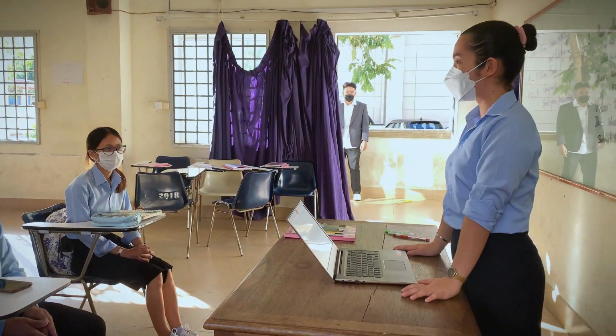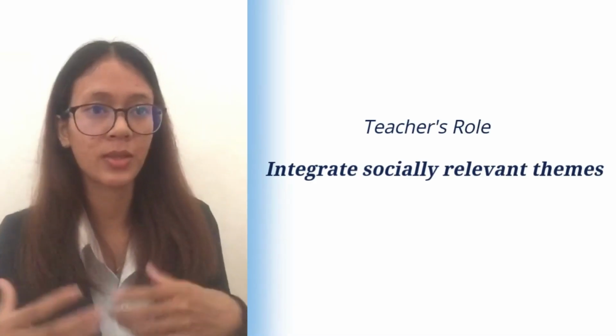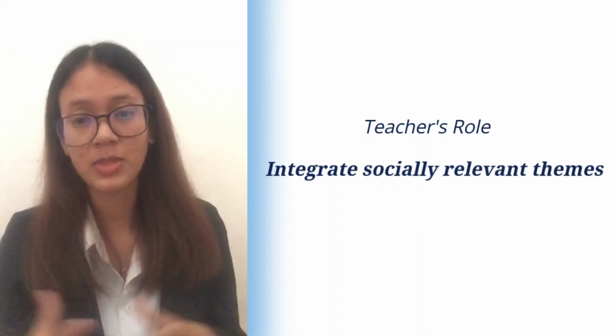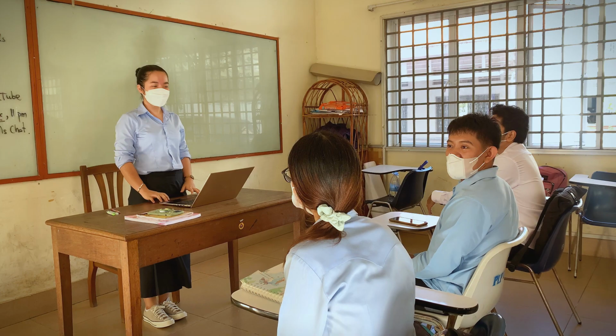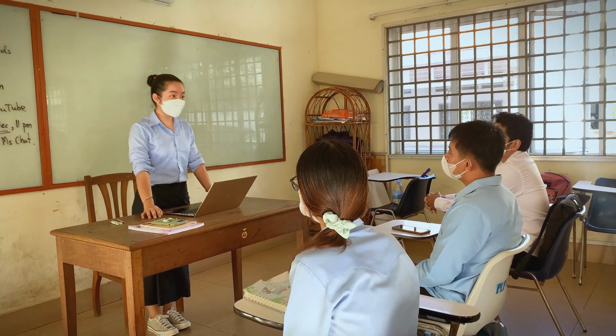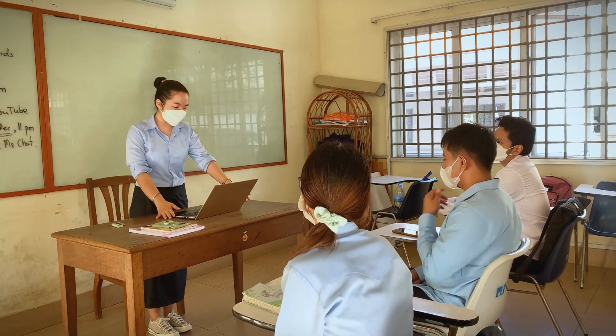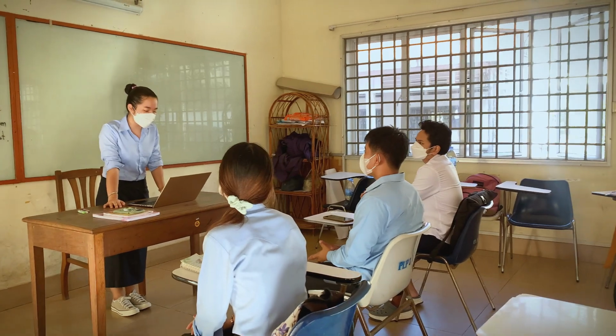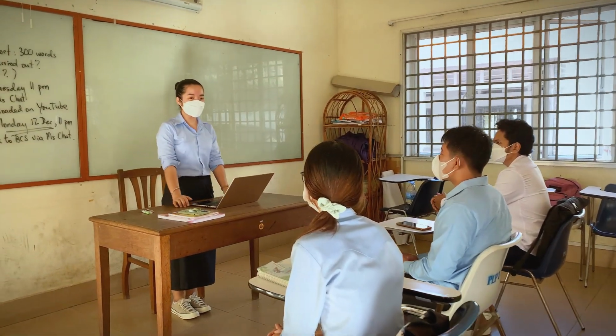On top of that, teachers should also integrate socially relevant themes into the class for the students as well. And not only that, teachers should also promote values of community, cooperation, tolerance, justice, and democratic equality.